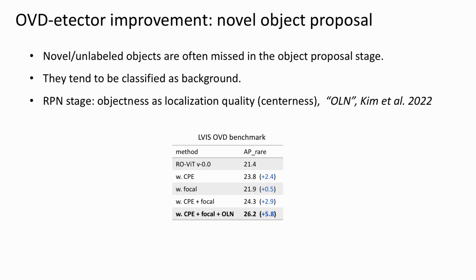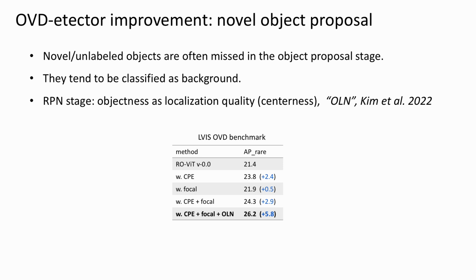In OVD fine-tuning, we observe that many novel objects are often missed in the proposal stage because they tend to be classified as background. Inspired by the OLN work, we replaced the binary classifier in RPN with a centerness prediction layer and treat the centerness as the objectness score in detection.